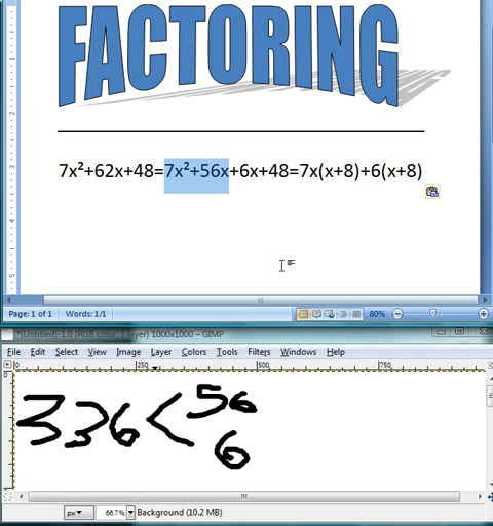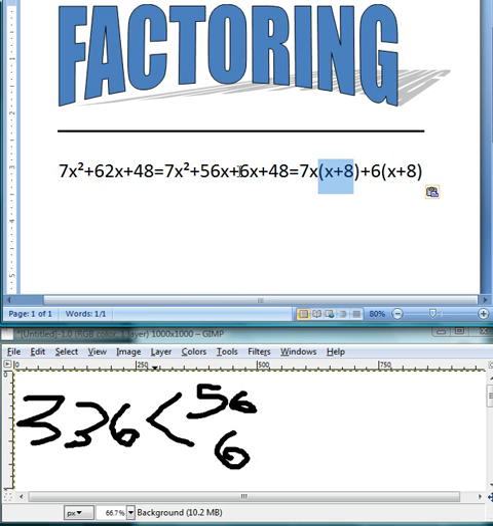Separate those into two separate things, so then you can get two parentheses, multiplications on the sides. That's not the fancy name for it, but yeah. So with the 7x squared plus 56x, you can take out a 7x, because there's a 7x on each side, right? That leaves you with the 8 plus x.